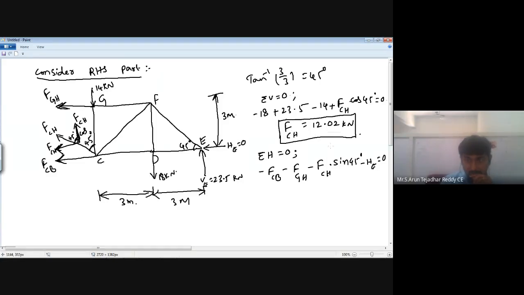Simply substitute here, and HE is 0. Minus FCB minus FGH minus 12.02 into 1 by root 2 minus 0 is equal to 0.